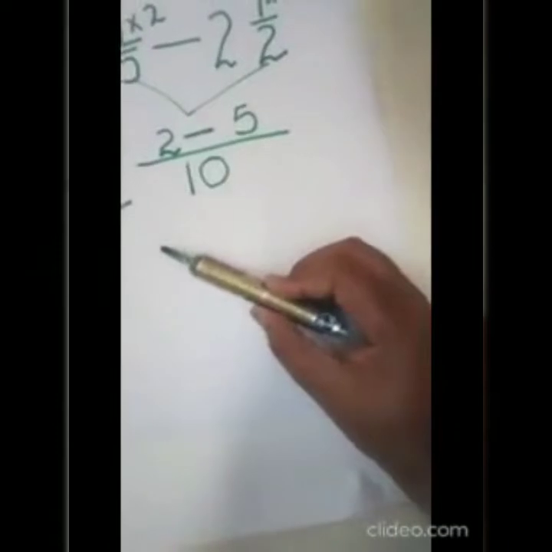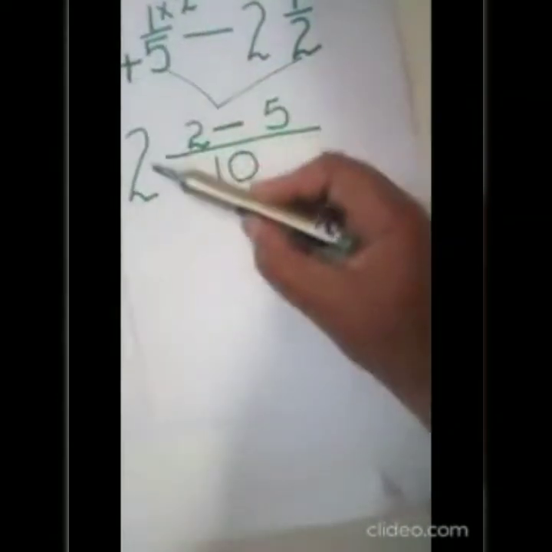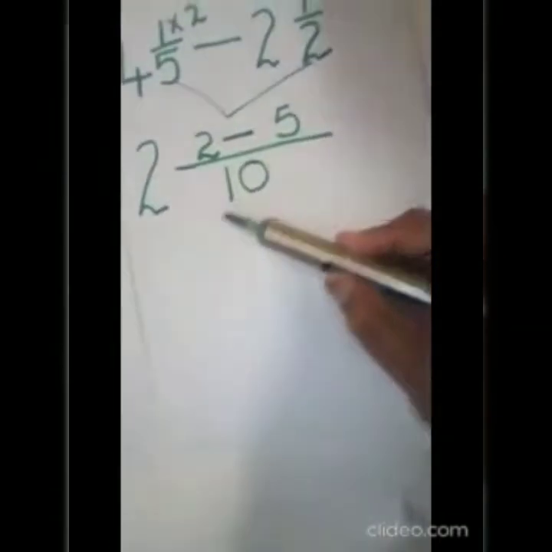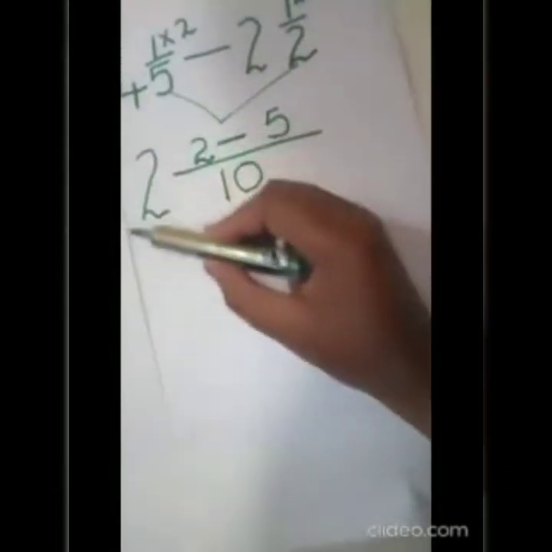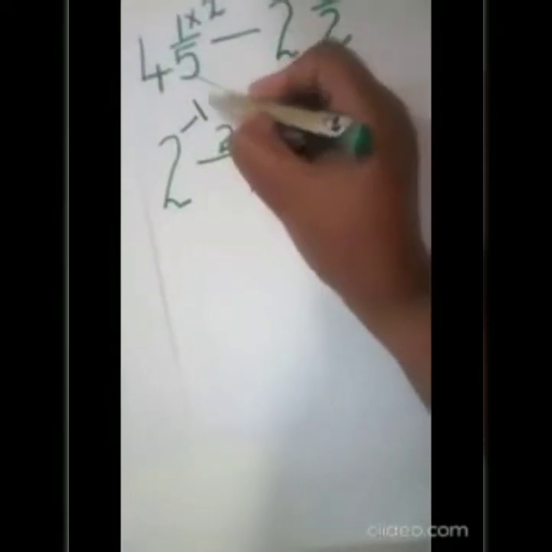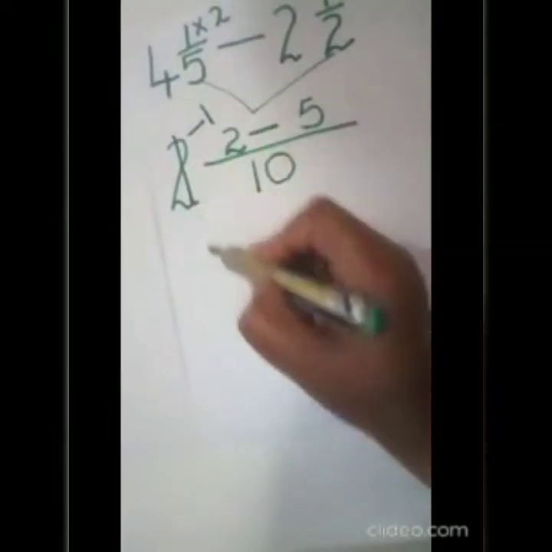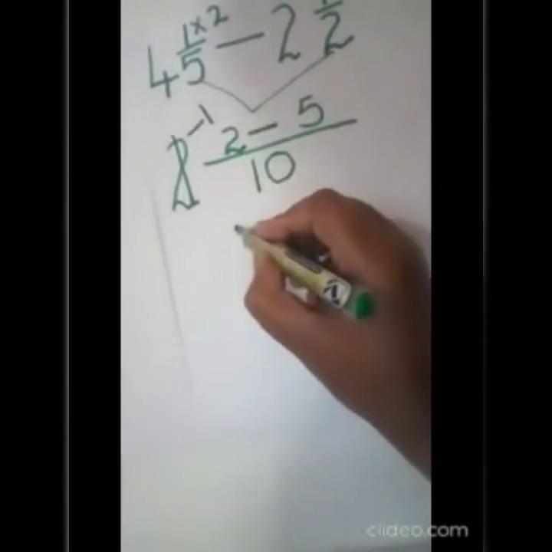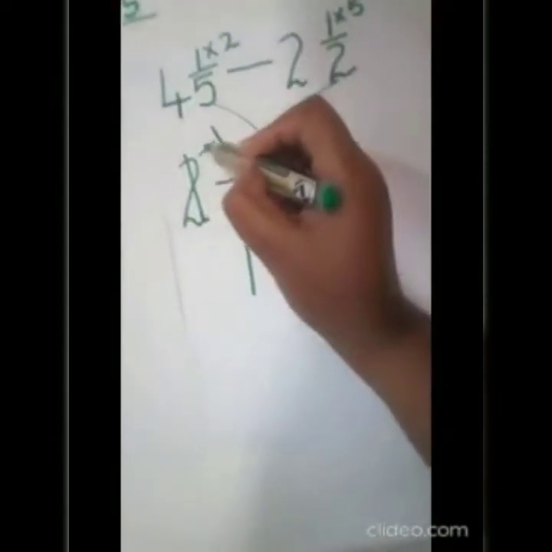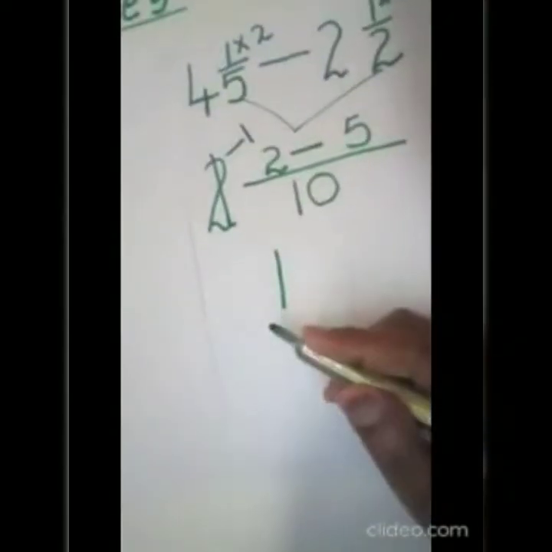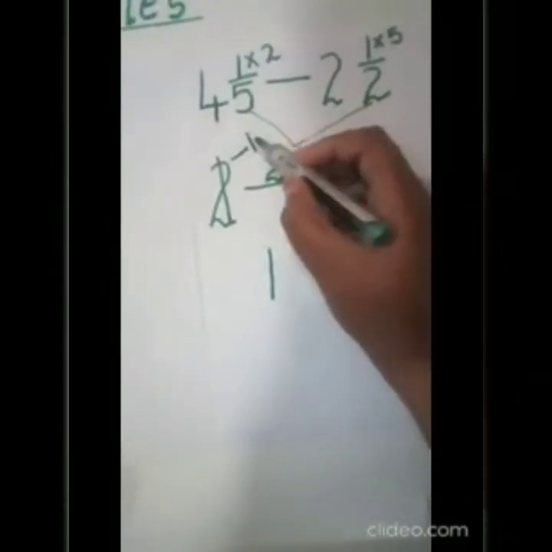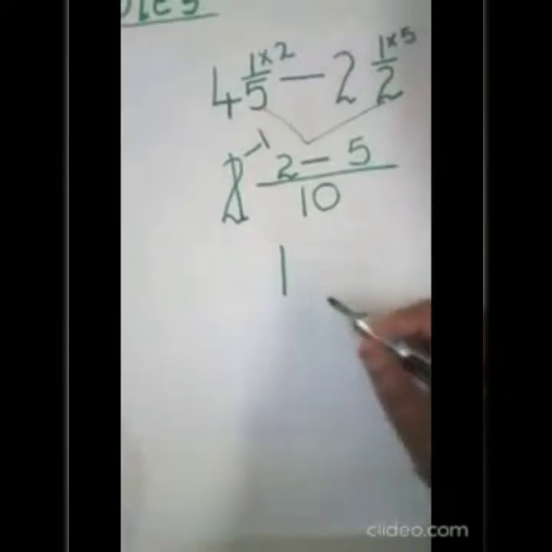In this scenario, we use the borrowing method in fractions, which means since here we've got 2 wholes, we are going to borrow 1 whole from our 2 wholes, which is 2 minus 1, meaning our whole remains as what? 1. We have subtracted 1 whole from 2 wholes. So we remain with 1 whole. Now we are going to add this 1 whole to this 2. But we are not going to say 1 plus 2. What are we going to say?